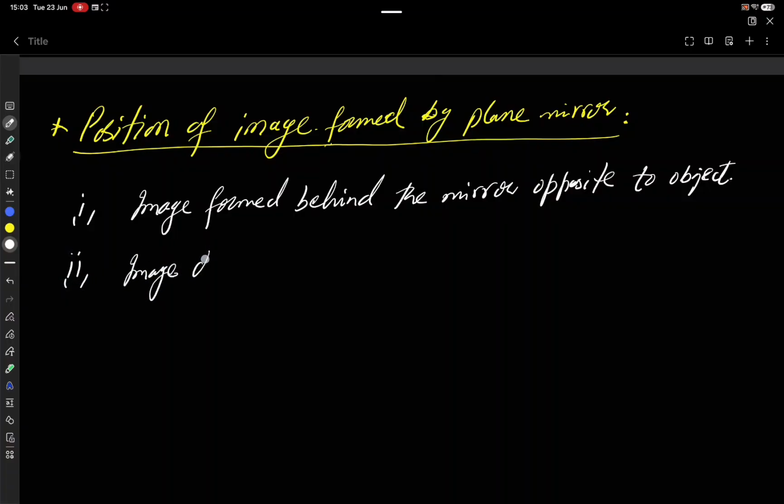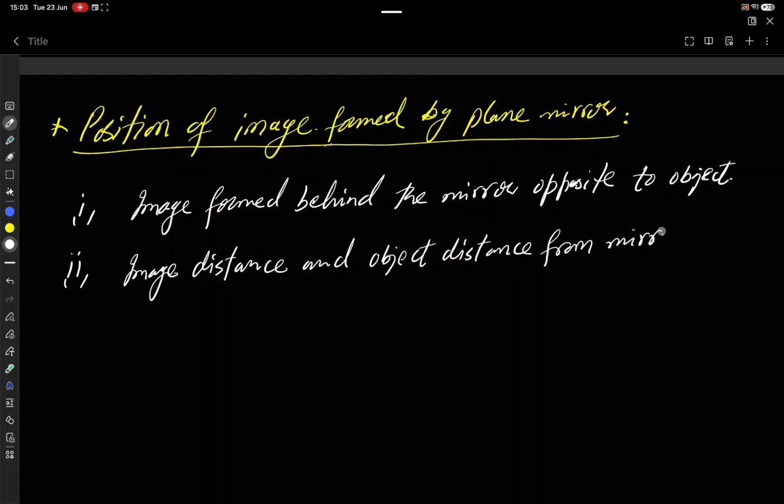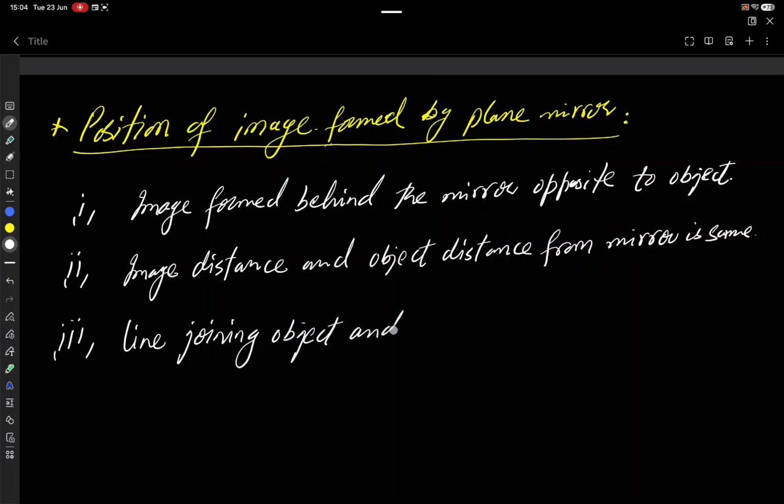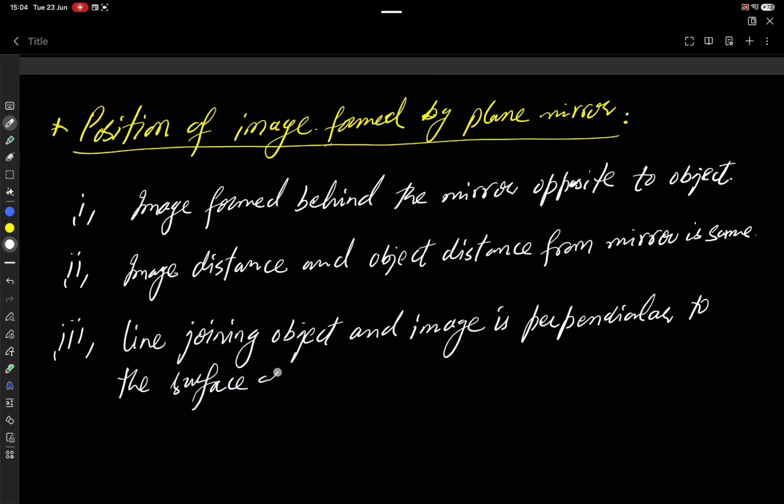Image distance and object distance from the mirror are the same. The line joining object and image is perpendicular to the surface of the mirror. That is the important point.